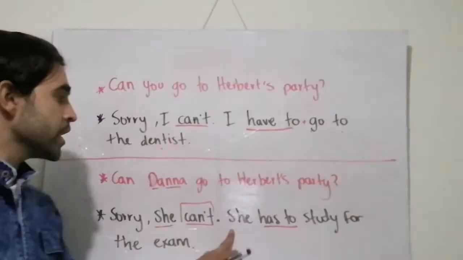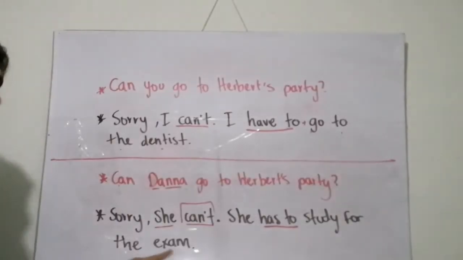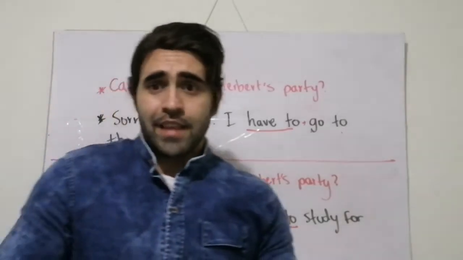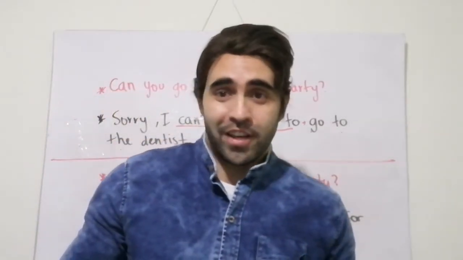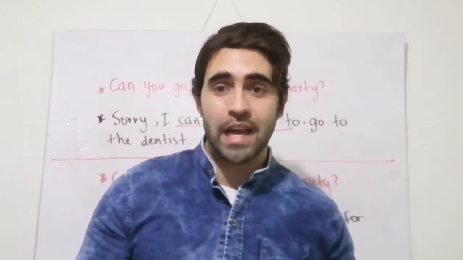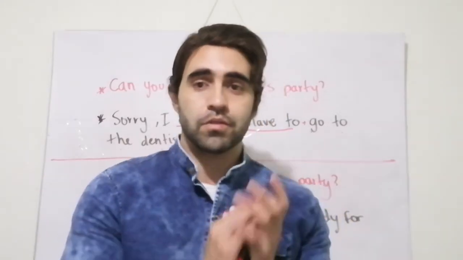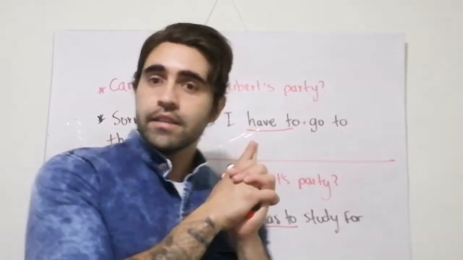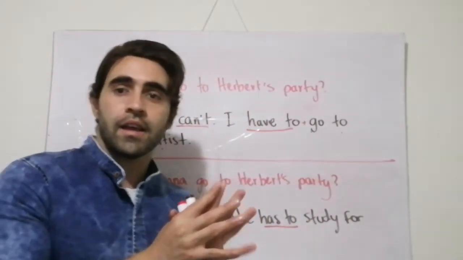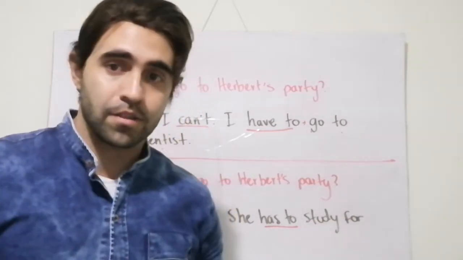So I say she has to study for the exam. Dana can't go to the party. She has an obligation. She has to study for the exam. That is a big difference between have to and has to. And you will see this example in the exercises that I sent you, right?